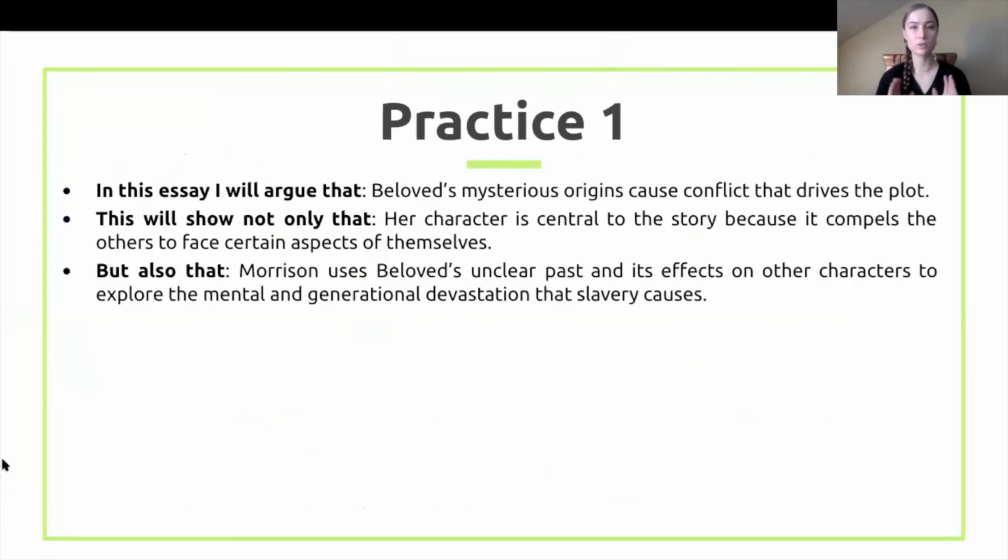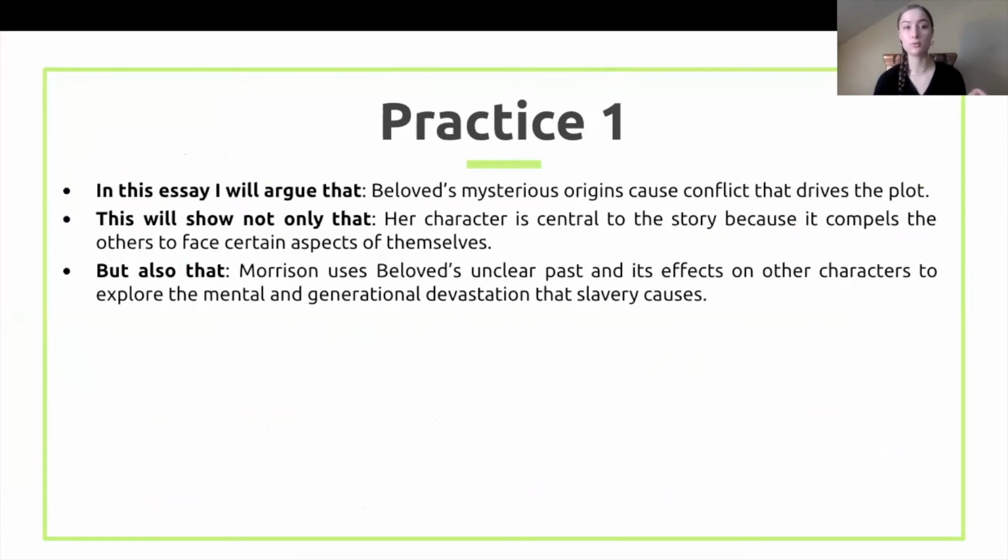All right, so I have two practice thesis statements for you guys, one on this slide and one on the next. You will simply be using the filled in skeleton to practice revising a complete, concise, clear thesis statement. All right, so this particular thesis, I have written a version of it that sticks very, very strictly to the skeleton format.